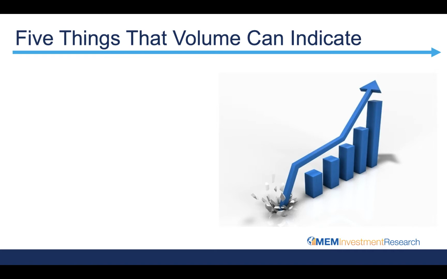But let's talk now about 5 things that higher volume can indicate for your stock. And I talked about the concept of institutions being involved or even a gathering of individuals. We're seeing that quite a bit more in today's market, but overall it means people as well as institutions are either getting into or exiting a stock en masse.